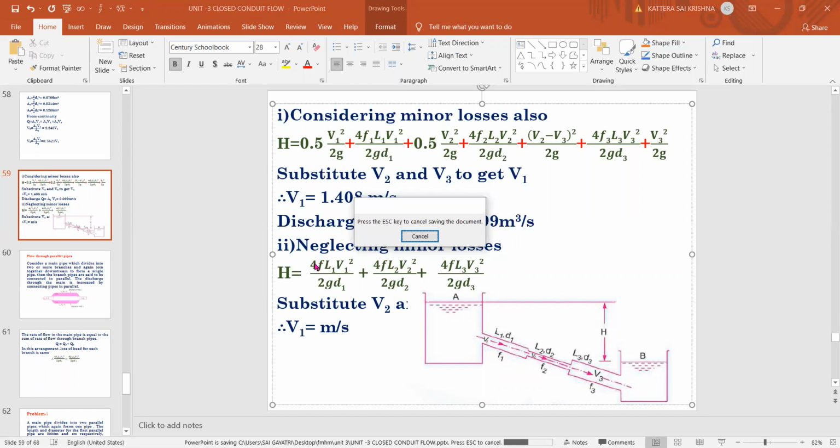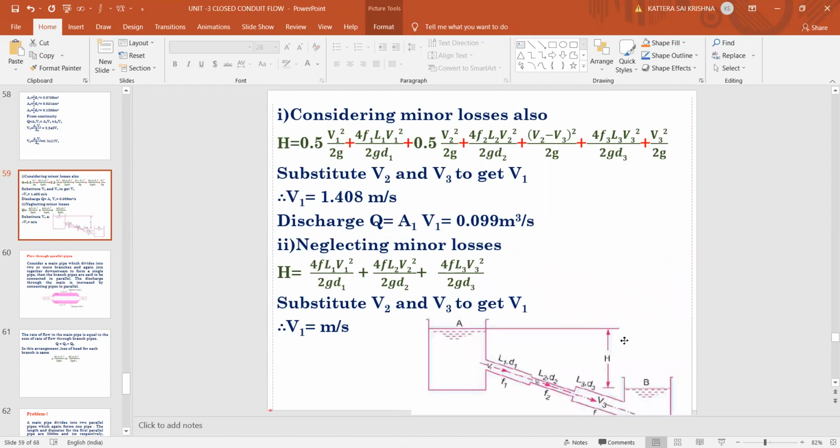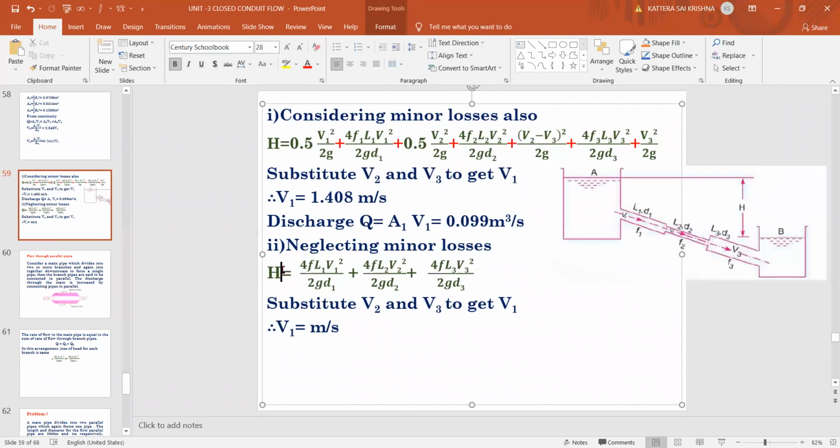So next, what is asking? Same problem is asking to neglect the minor losses. So by neglecting the minor losses, what will we get? The total loss of head, capital H, is equal to loss of head because of the frictions only. So we will get these terms for F1. Just substitute all the values again, like the previous top one.